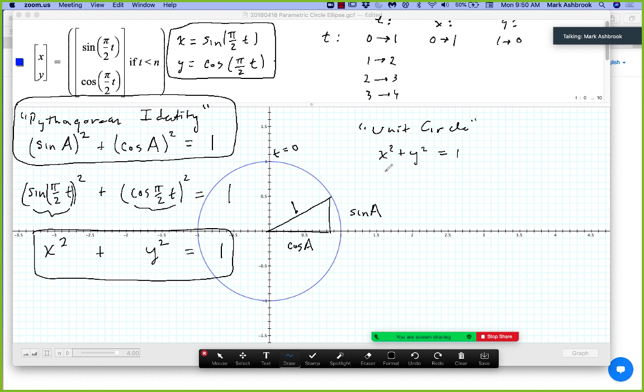But we know that also the unit circle has the equation x squared plus y squared equals 1. And so using the Pythagorean identity, that bridges the gap between our parametric function, expressed in the unit circle, and the x squared plus y squared equals 1 expressed in the unit circle.